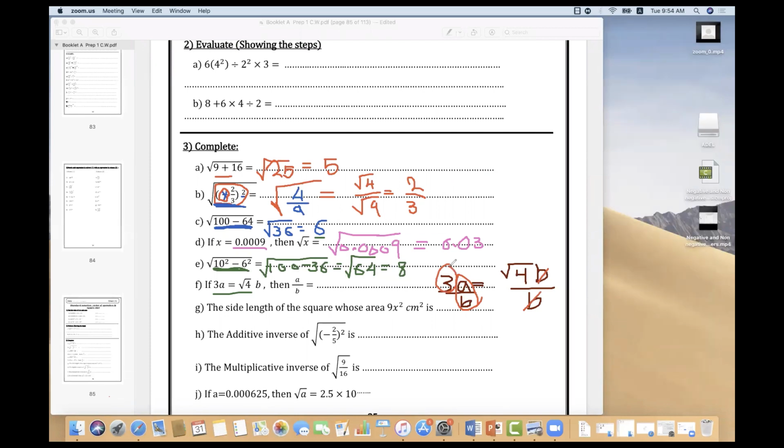By division. Divide by 3, root 4 over 3. Yes, right. Divide this side by 3 and also divide this side by 3.